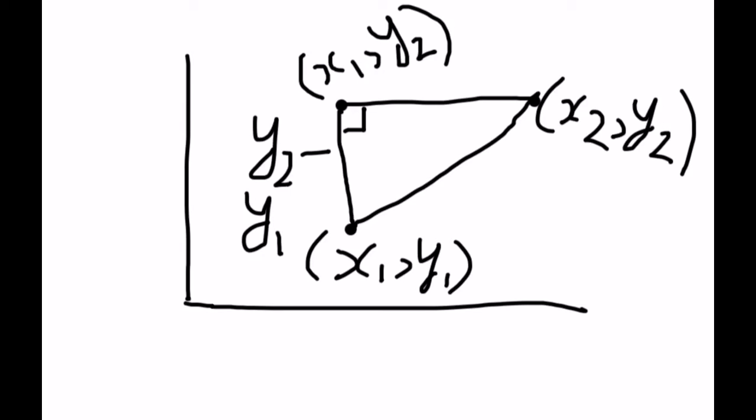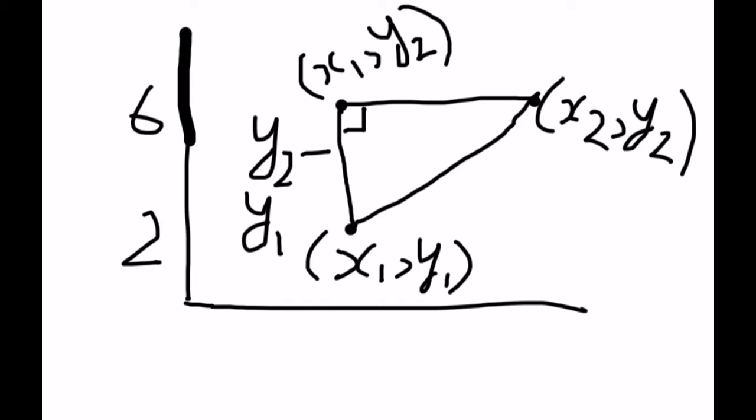For example, if the y coordinate of this point is 6 and y1 is 2, the displacement is just 6 minus 2, which is 4.